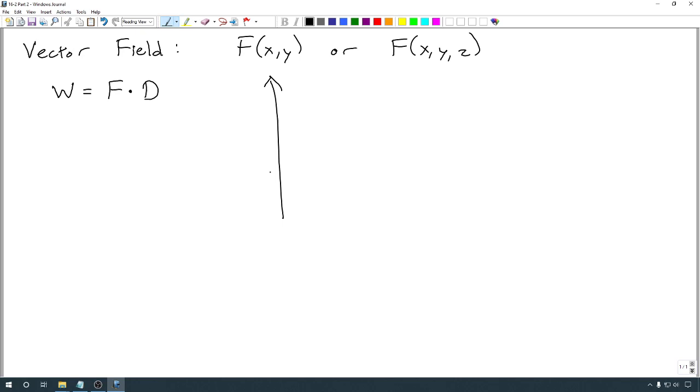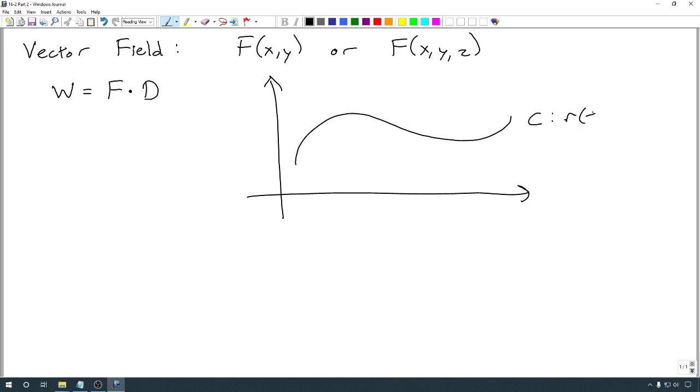So let's go ahead and maybe draw a picture here. We have some curve called C. I'm going to give it the vector valued function notation, making it a parameterized curve. And we want to see the total work that's done to the object as we move from this point to that point.